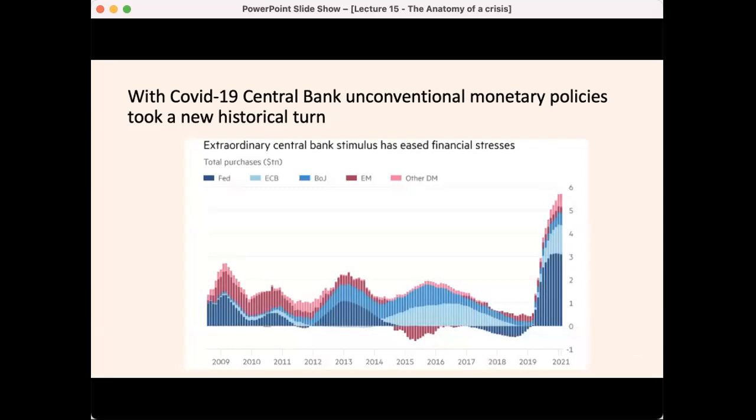That's just a point to add at the end of this, which is to say that unconventional monetary policies have taken a historical turn. And this just shows the balance sheets of central banks across the globe. And as you get to that peak at the right-hand side of the chart, the conjuncture shifts, doesn't it?